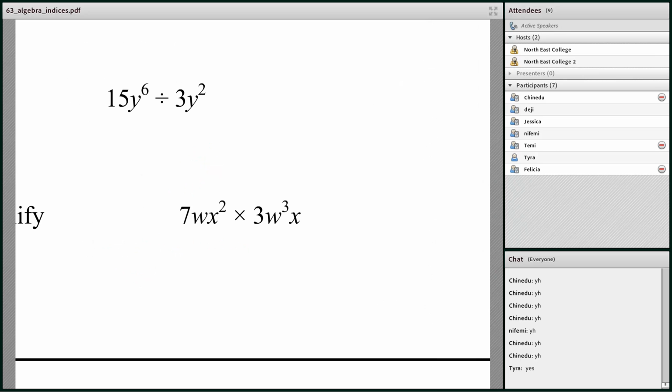Is that right? It's f that's going to be to the power of 6.